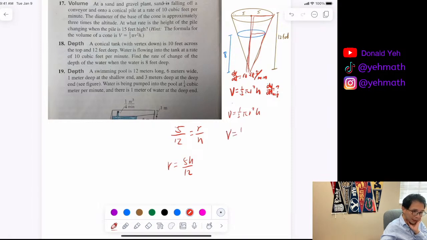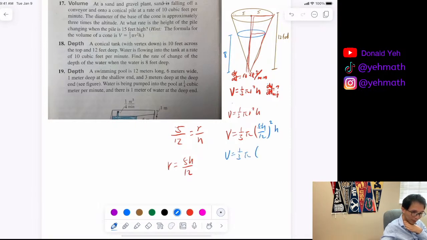Now what's the nice thing is 1/3 pi r squared I'm going to replace with 5h/12 squared and times h. Now why does that help me? Because I don't have r anymore. I don't have dr dt as well. And I got rid of a variable completely by substituting.